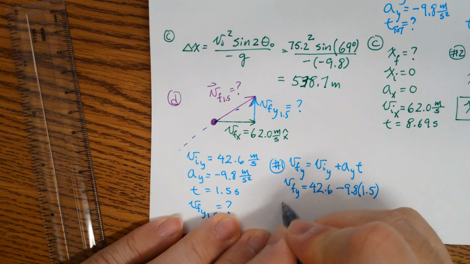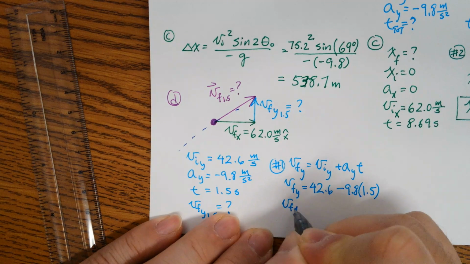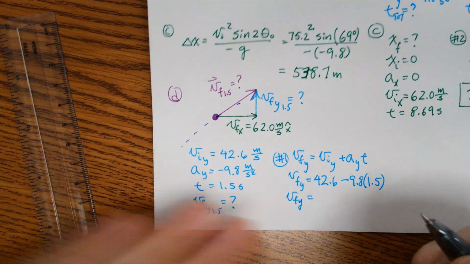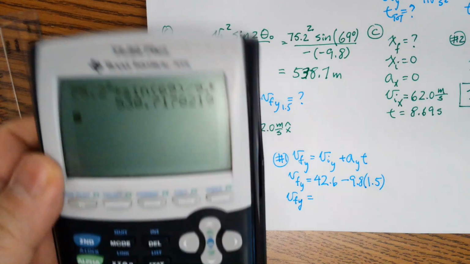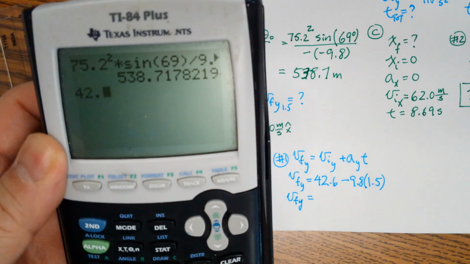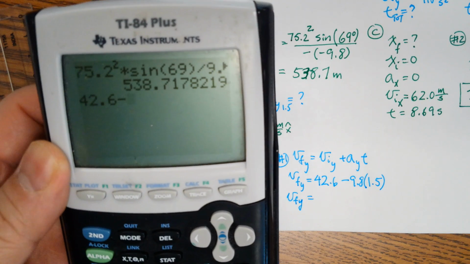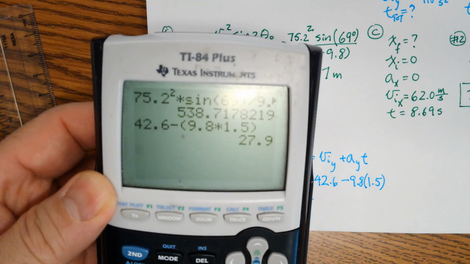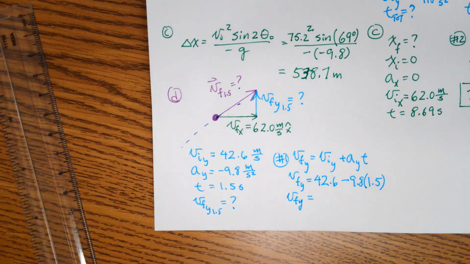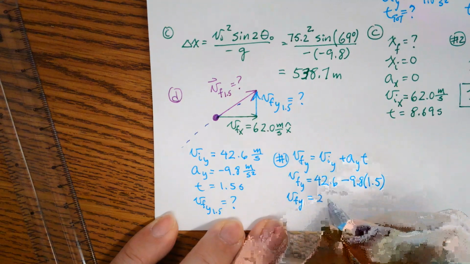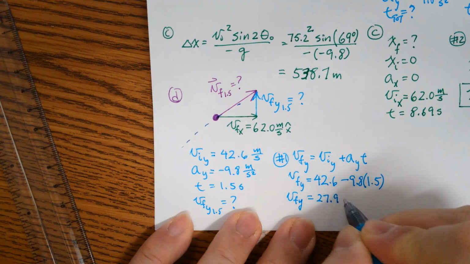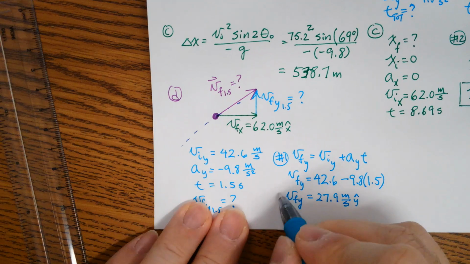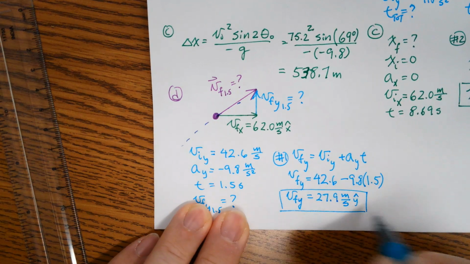So if we calculate for VFY, 42.6 minus 9.8 times 1.5, I get 27.9 meters per second. And it's positive. That means it's still on the way up.